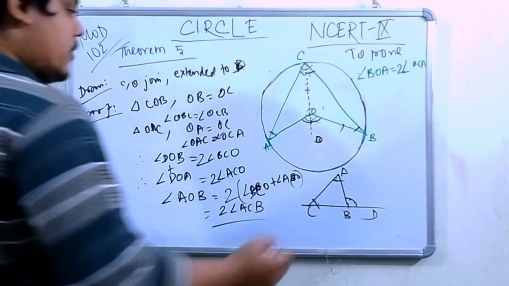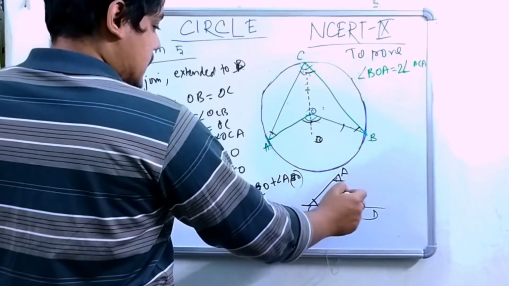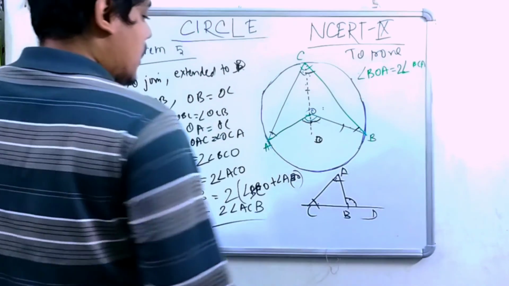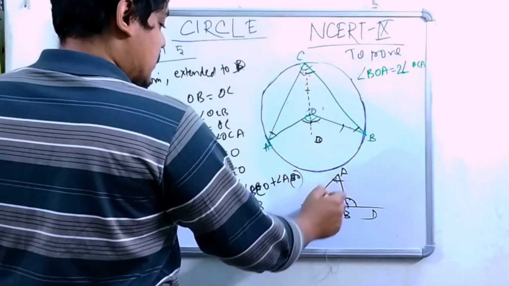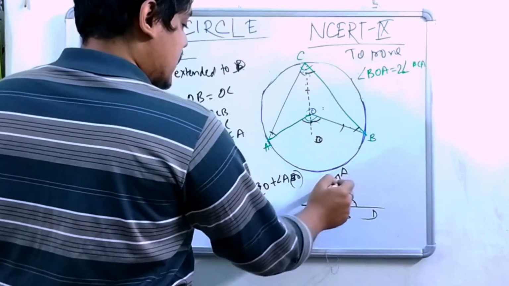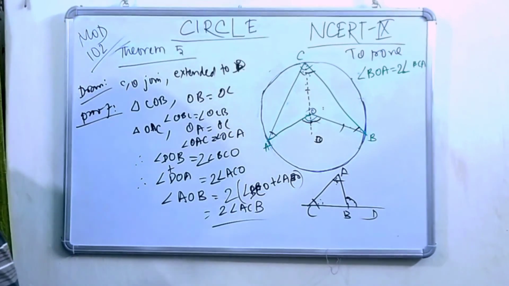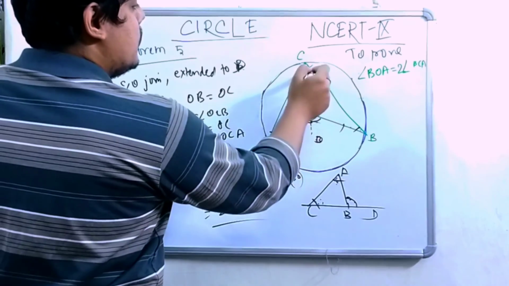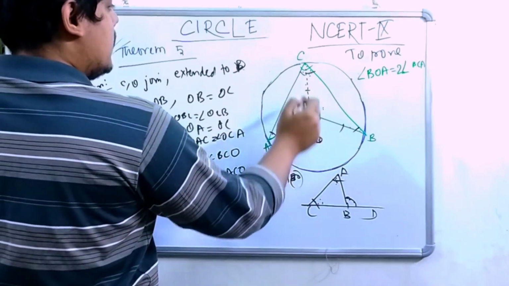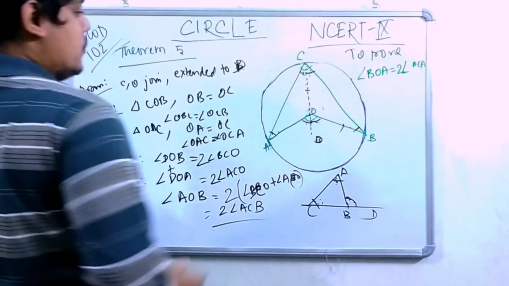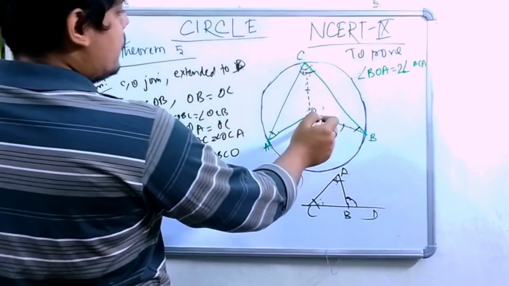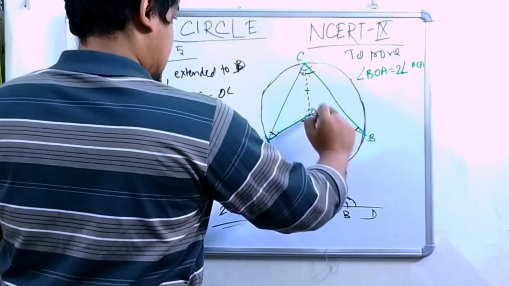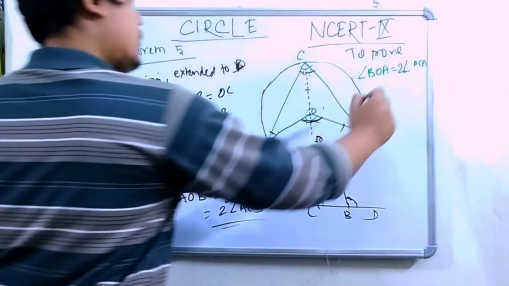Now according to the property of a triangle, the external angle of a triangle is equal to the sum of the two opposite interior angles. So this angle is equal to the sum of these two, and that angle is also equal to the sum of these two interior angles. Comparing these two, I found that this angle is twice that one. So that is proved.